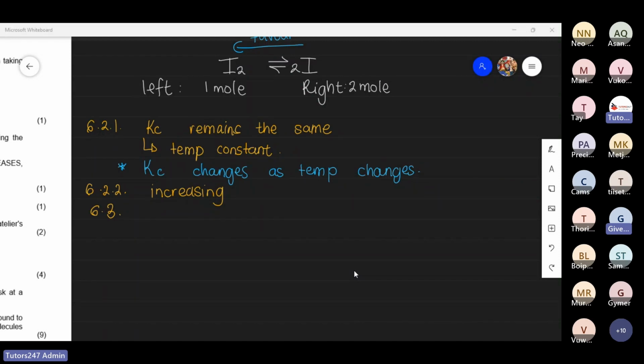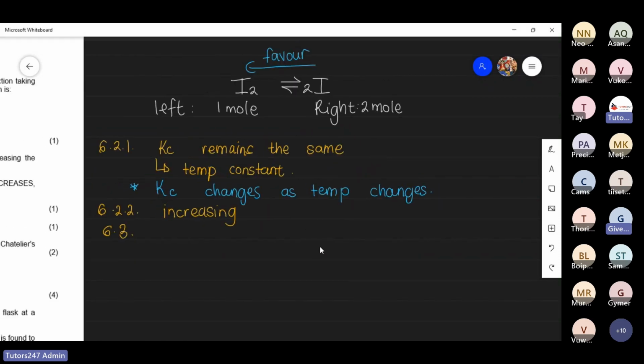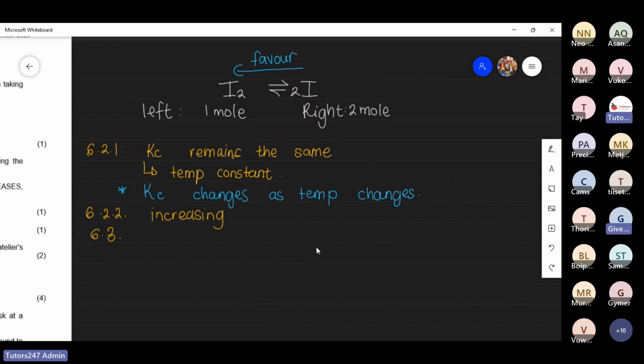Okay. So let's go back to question 6.3. Question 6.3, we need to explain how we arrived at the answer in question 6.2.2. Why did we say increasing? Why did we state that the amount of iodine molecules is increasing?